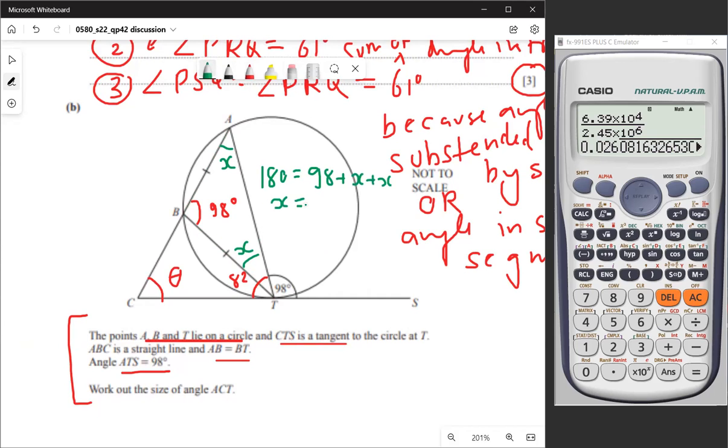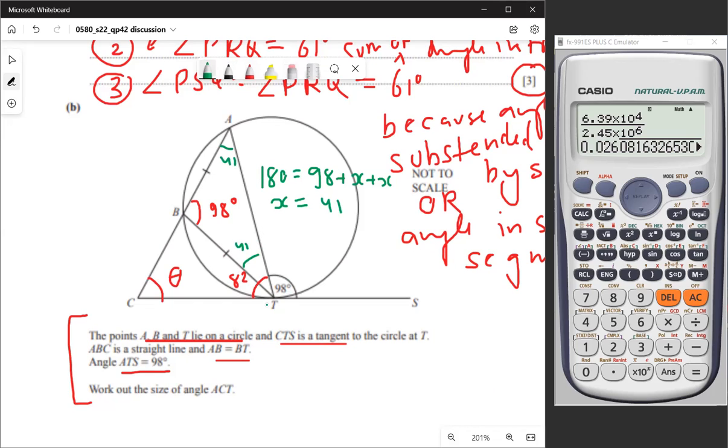So x is 82 divided by 2, so it's going to be 41. Now we know this one as well, which is 41. So 98 plus 41 plus 41.